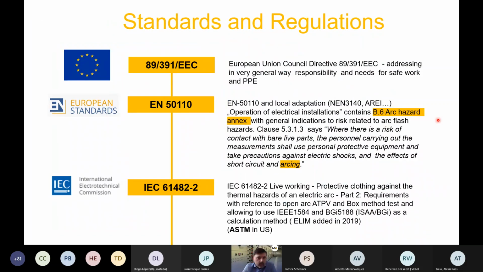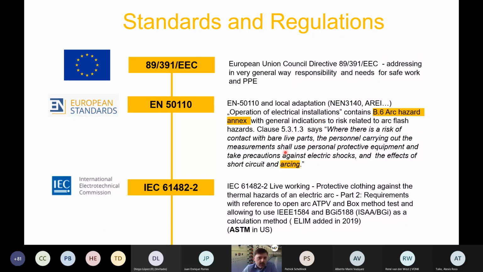If you go about the standards, I have to say that I'm more EMEA region oriented, so I put a lot of focus here on showing how we approach it in the EU. In the EU we have a council directive which generally says what the responsibility is regarding safe work and PPE. Then we go to EN 50110, which is the first standard about the operation of electrical installations.